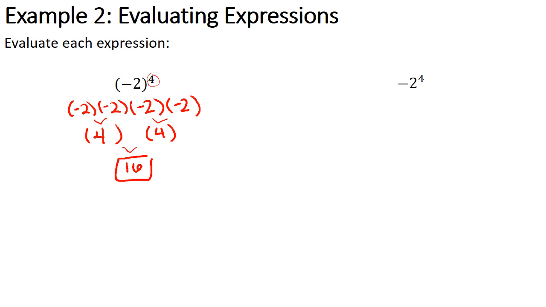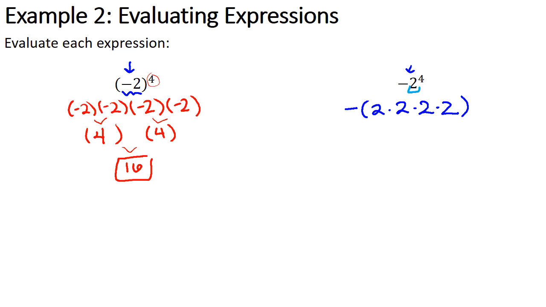Okay. Now the way that we would write this one over here with repeated multiplication is we would actually go negative and then 2 times by 2 times by 2 times by 2. And the reason that we do that is because we don't have the parentheses around this number. Okay? Whereas over here we did have the parentheses around that number, which means our base is this whole number. Over here, since we don't have that, our base is only this 2 right here.